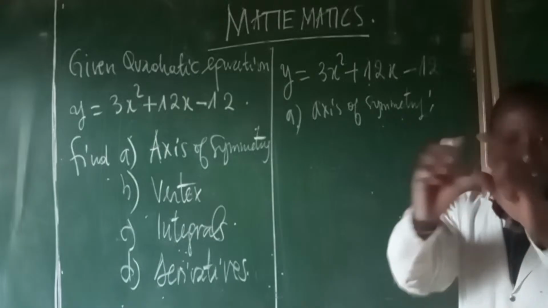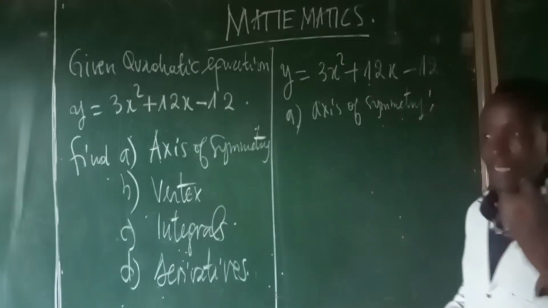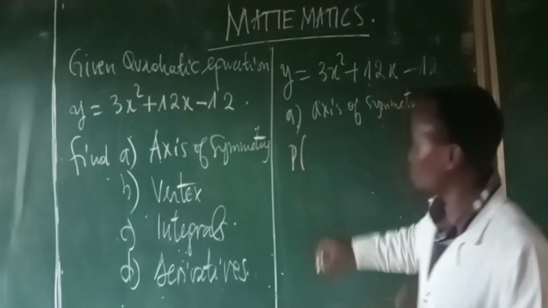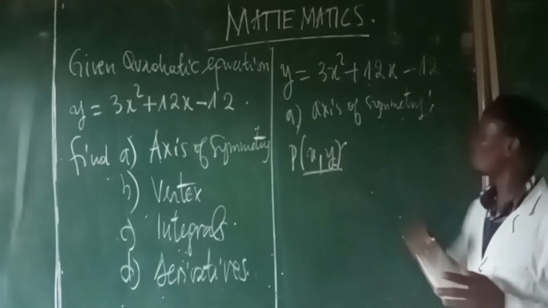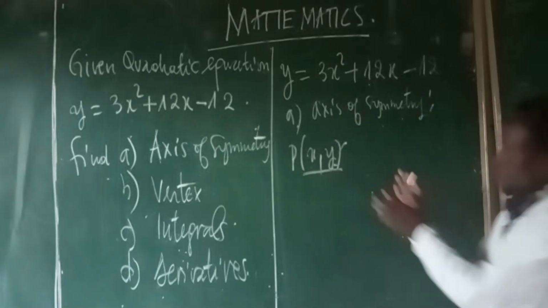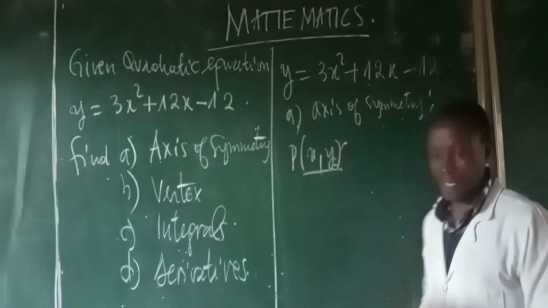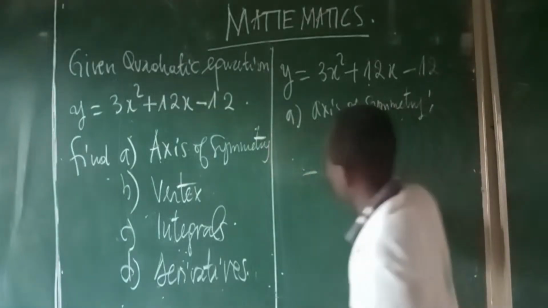When there is a pair of those two numbers, we call that point a point composed of x and y. This is what we are going to focus on for sub-question A. Are you together?